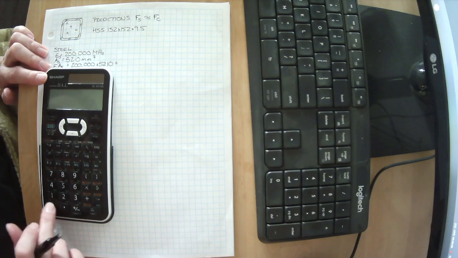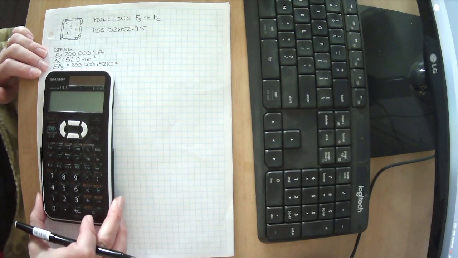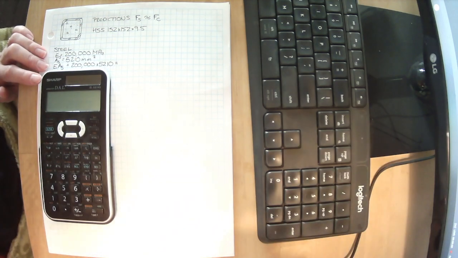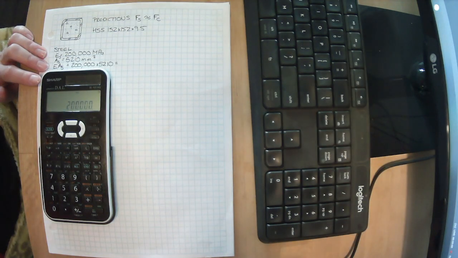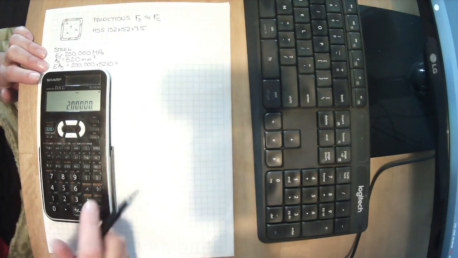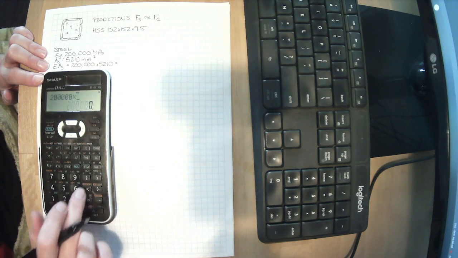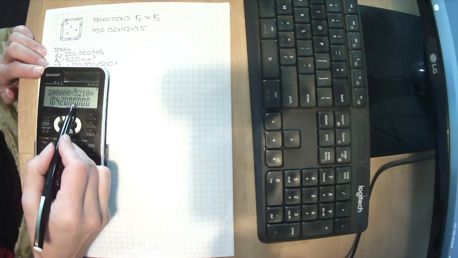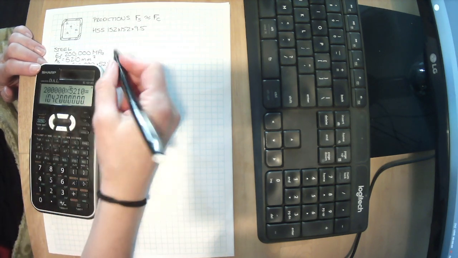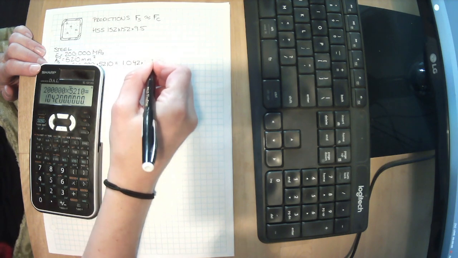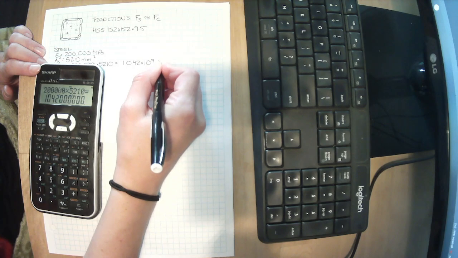My calculator just does not like me lately. See, it wants this bright light, but that makes it impossible to see. Oh, it's a bit glary, isn't it? My calculator certainly likes that better. Times 5,210. All right, 1, 2, 3, 1, 2, 3, 1, 2, 3. 1.042 times 10 to the 9 newtons.